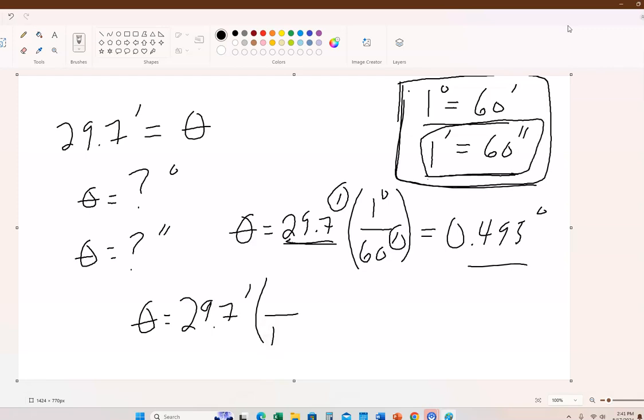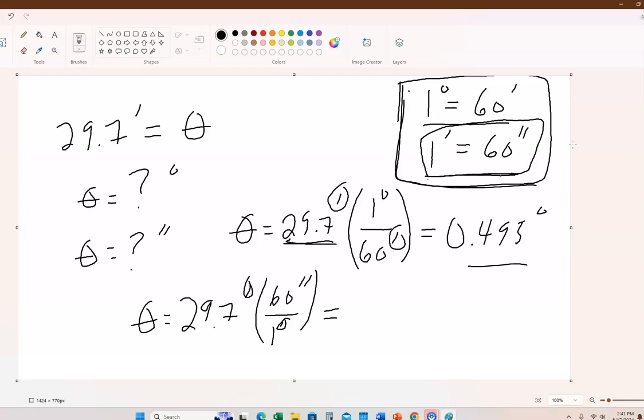So the arc minutes cancel, the units cancel, and you just take 29.7 and multiply it by 60. I'll close the parentheses to have it complete.